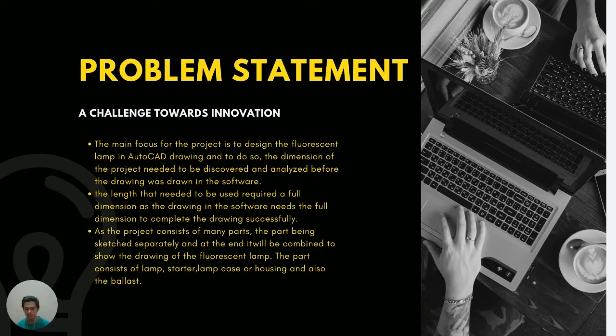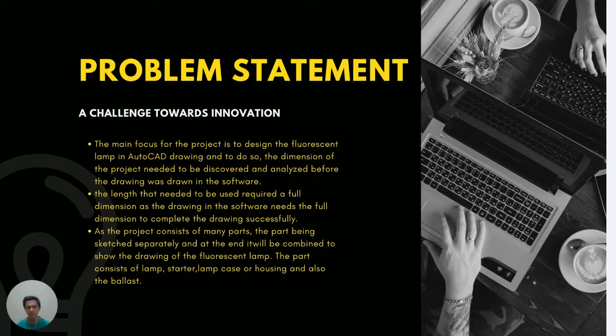So the next challenge in our project is that we have to take the initial parts of the fluorescent lamp to get the right dimensions, such as the lamp, starter, lamp case, of course the outer of the fluorescent lamp, and ballast.